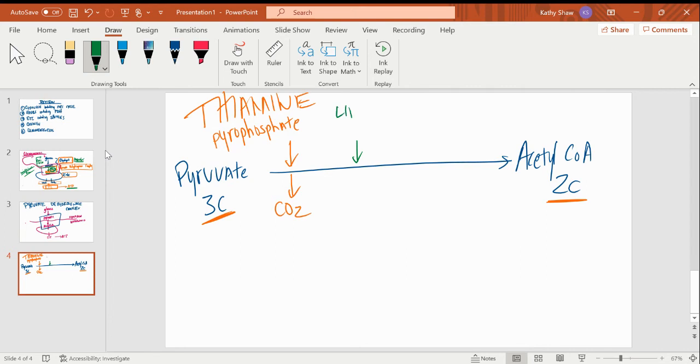To kick it off, I need a molecule of lipoic acid going in. I oxidize my 2-carbon intermediate while I reduce FAD to FADH2. Then I don't leave my FADH2 alone. Oxidize it back to FAD while I reduce NAD to NADH. So I get a molecule of NADH as a product.